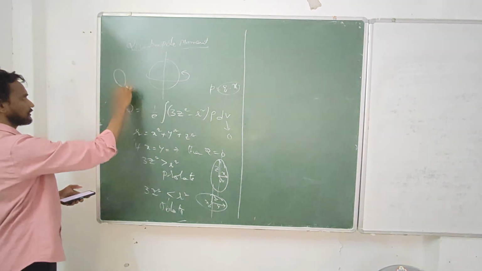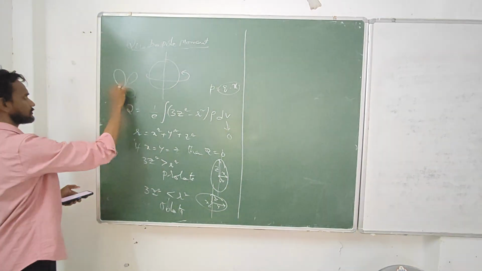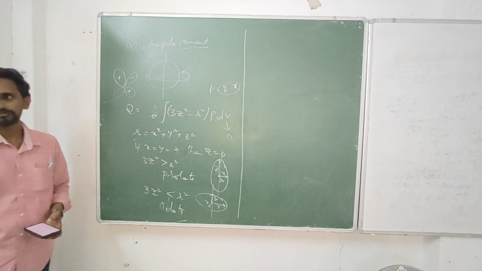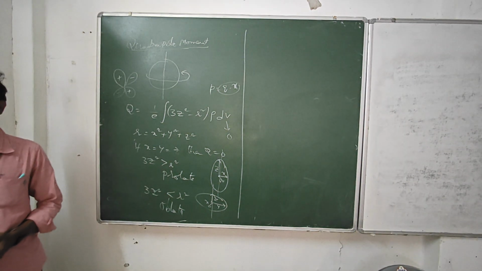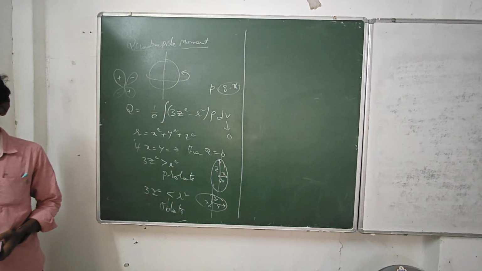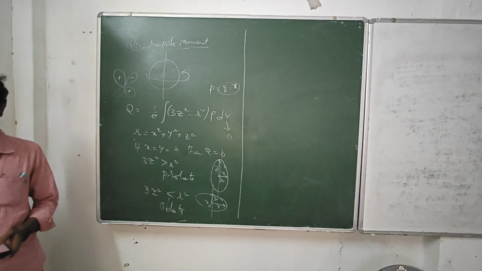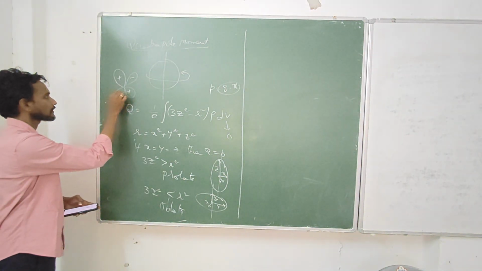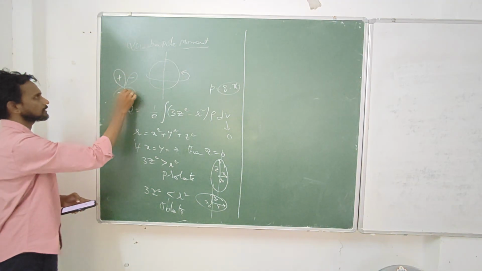That means positive and negative charges are distributed into 4 pieces. So we have to look for the contribution or interaction between these charges.